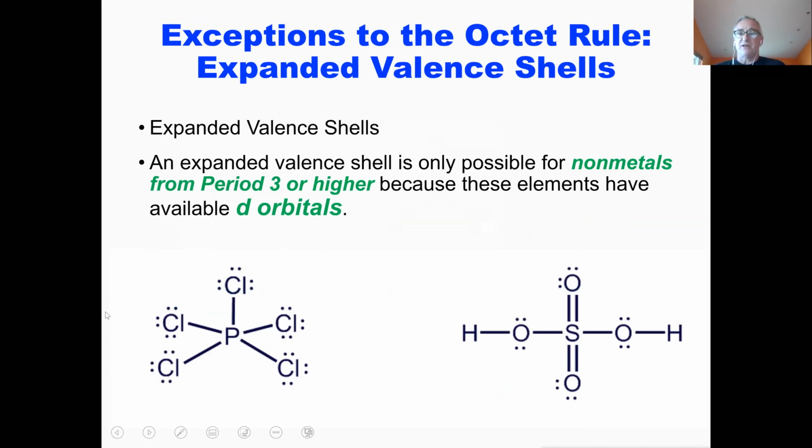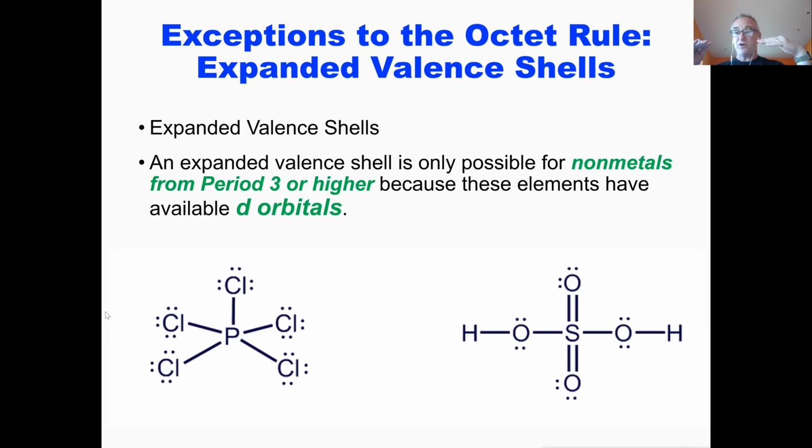The other exception to the octet rule that we've mentioned a lot is when you get past the second period into the third period. Now the third period, on the periodic table, means we have 3 subshells, right? It means we have 3s, 3p, and 3d.